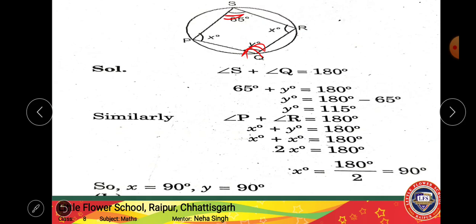Because in a cyclic quadrilateral, the sum of opposite angles is 180 degree. So 65 degree we know, 180 we know, so we can find the value of Y. 180 minus 65 is 115 degree.